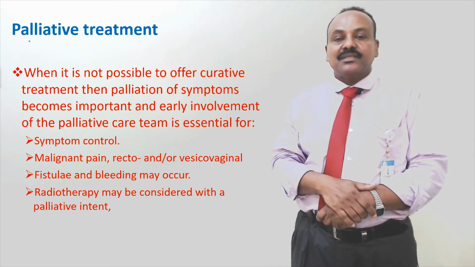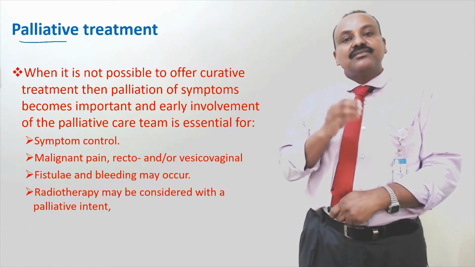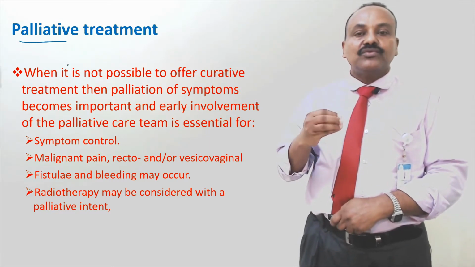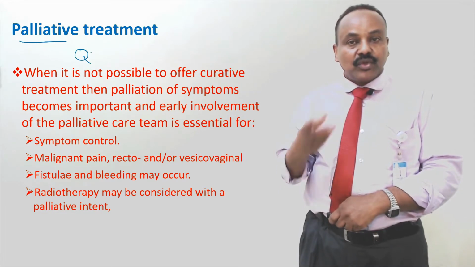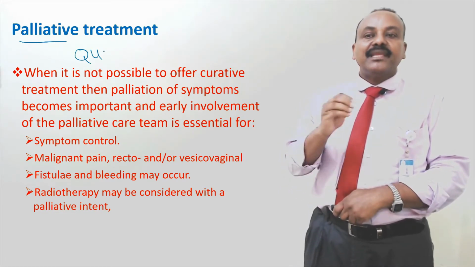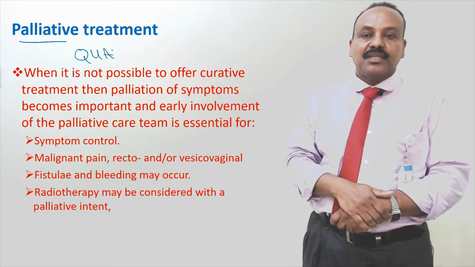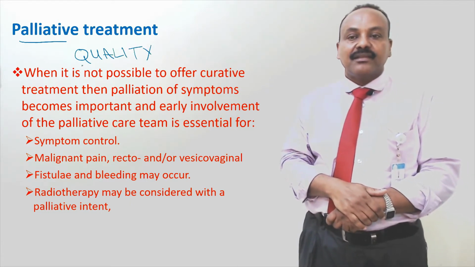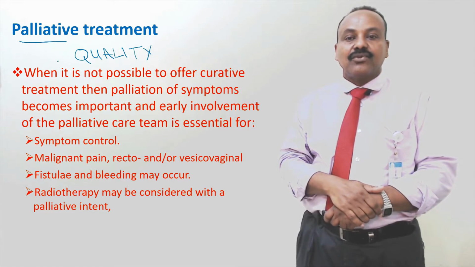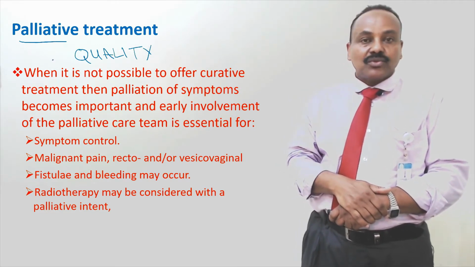Palliative treatment. What is palliative treatment? Palliative treatment means you need to improve the quality of life of the patient. When it is not possible to offer curative treatment, then palliation of symptoms becomes important, and early involvement of the palliative care team is essential for symptom control.